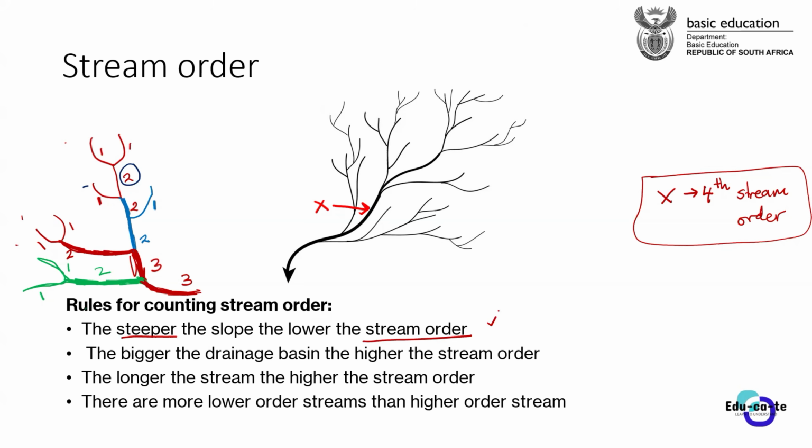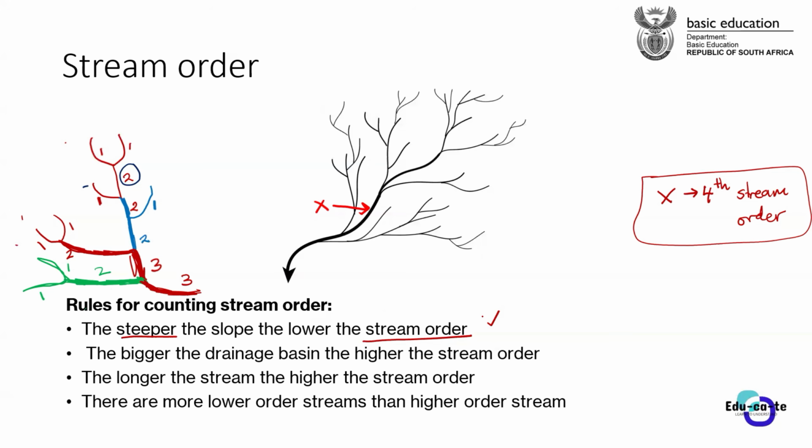When we have a steeper slope, we're going to have a lower stream order. This is known as a Strahler system. I think I got that right. So if we have a steeper slope, we're going to have more lower order streams. We're going to have more first order streams in a steeper slope.